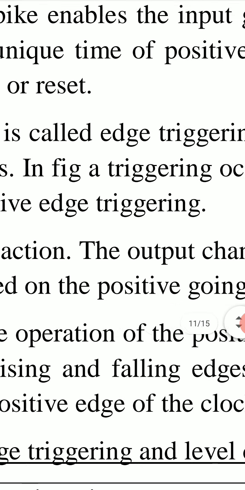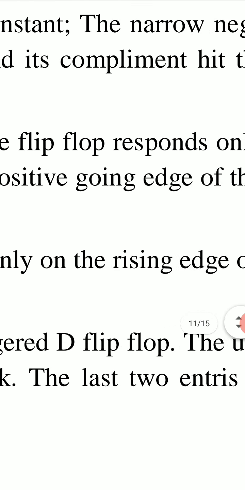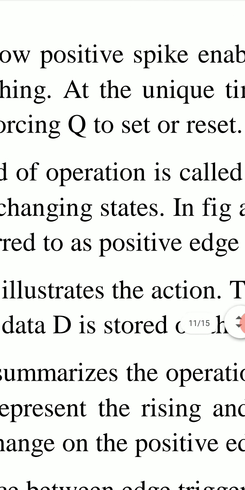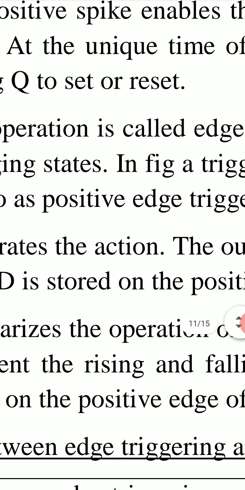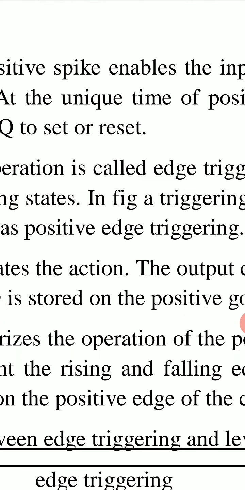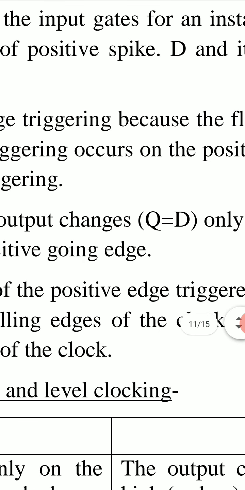At the unique time of positive spike, D and its complement hit the flip-flop, forcing Q to set or reset. So the output Q will be set or reset at a unique instant of time, and that unique instant of time is the positive spike. It is the time of positive spike.